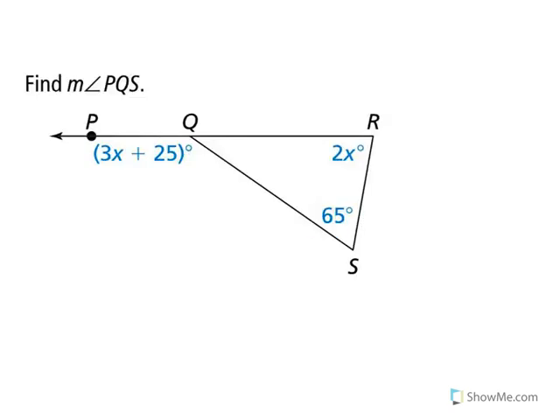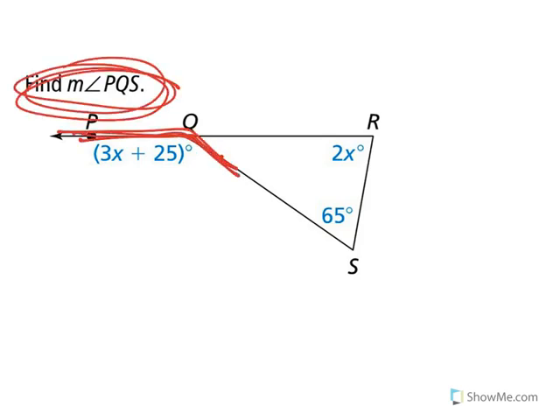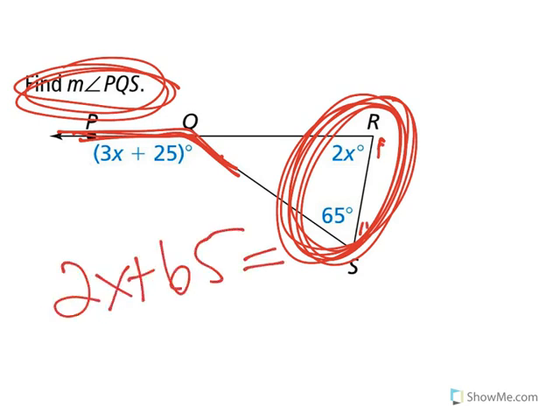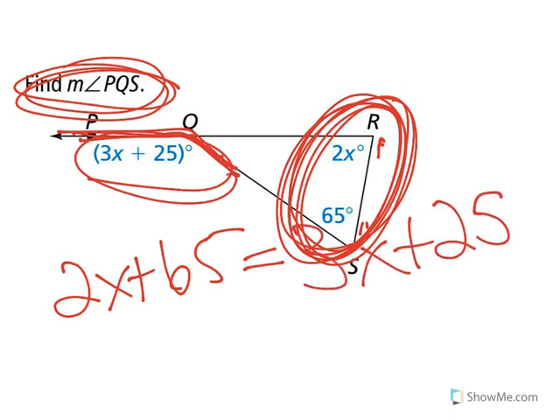So remember, we've got this outside angle here, which, by the way, is what it's asking for in the end. And we've got these two remote interior angles over here, the ones that are furthest away. If we add up those two angles, 2x plus 65, it's going to equal that one out there.